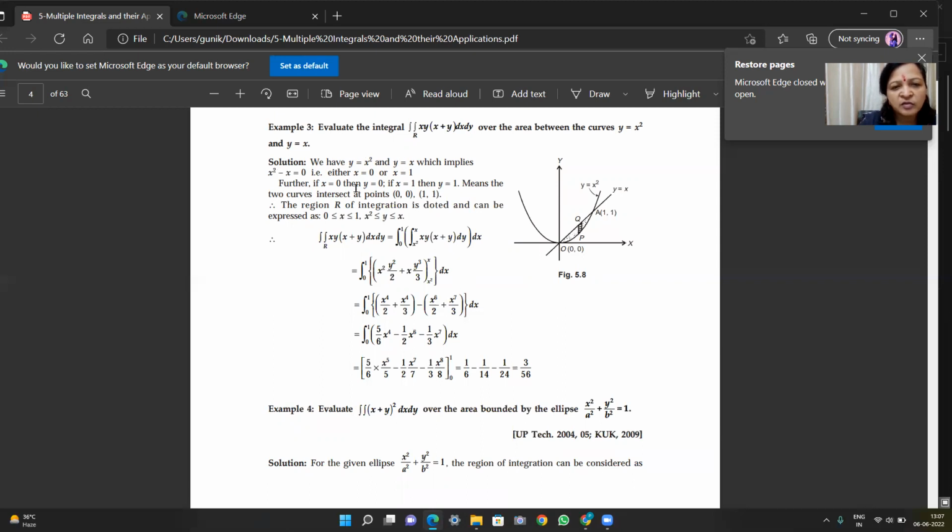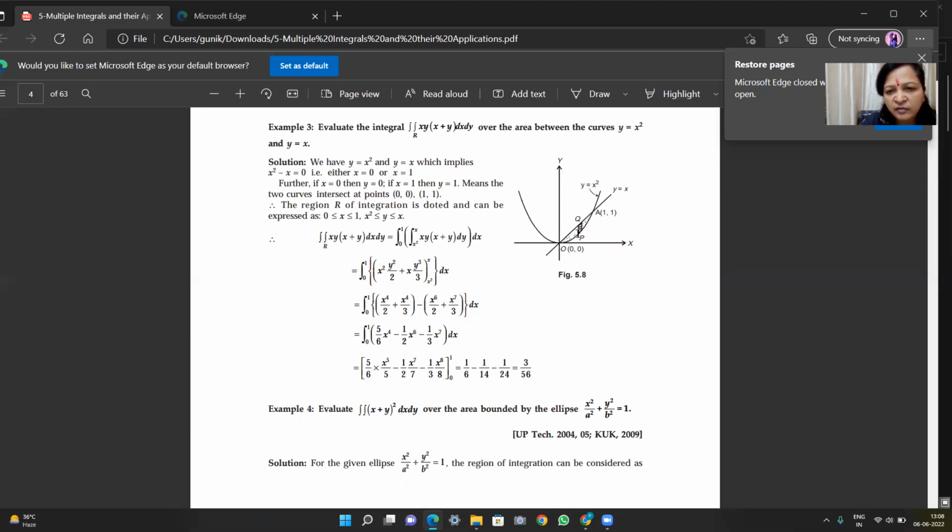This gives x equal to 0 and x equal to 1. And if x equal to 0, we have y equal to 0. And for x equal to 1, we have y equal to 1. This means these two curves intersect at the points (0, 0) and (1, 1). So these are 2 points of intersection, and we have to calculate the area between this parabola and this straight line.